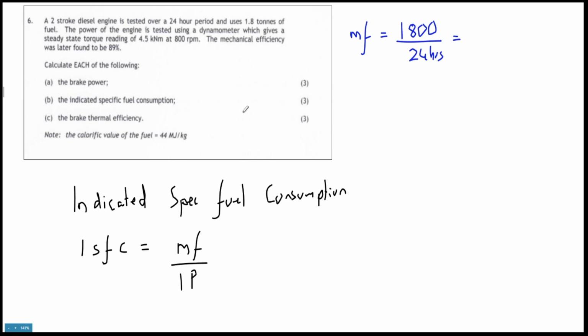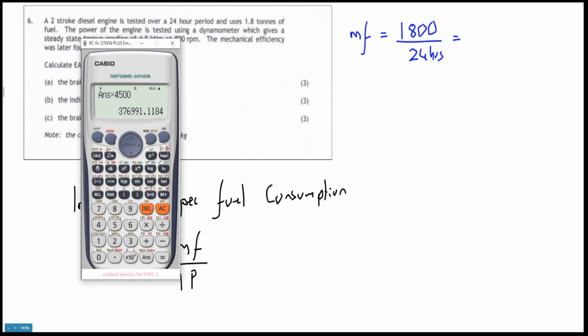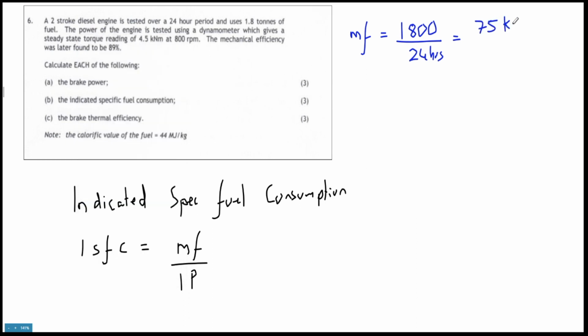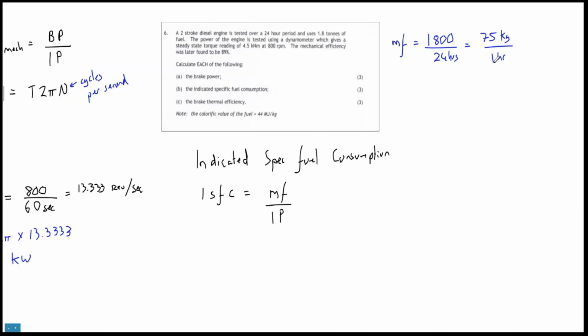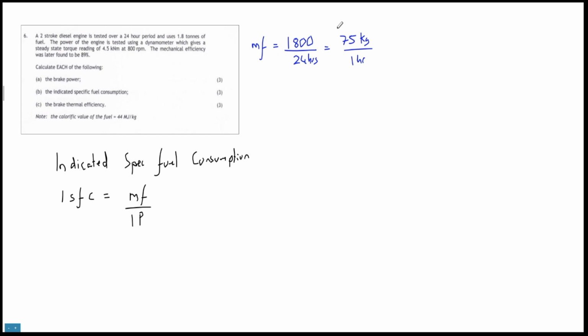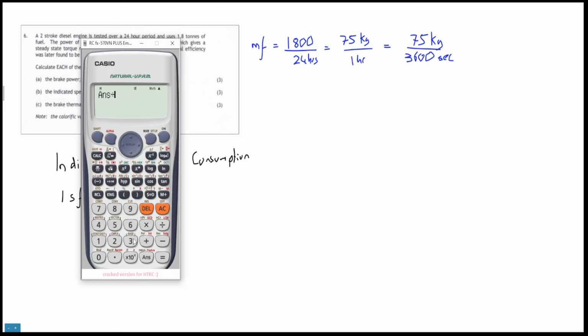Let's drop that down into just 1 hour: divided by 24, 75. So 75 kg in 1 hour. Let's drop that into seconds. We can drop it into seconds by dividing by 3,600, because that's how many seconds are in an hour, 60 times 60. So 75 kg over 3,600 seconds, and we want to simplify that down to 1 second.